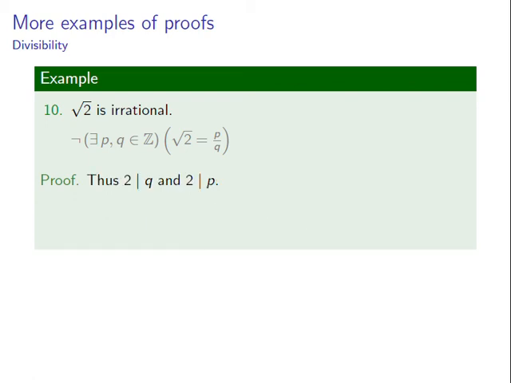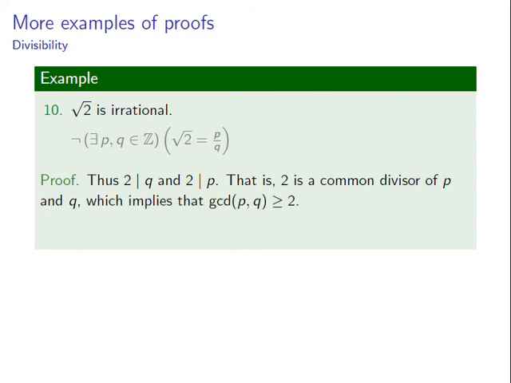This shows that both P and Q are even. That is, both P and Q are divisible by 2. So 2 is a common divisor of P and Q, which implies that the greatest common divisor of P and Q is at least 2.